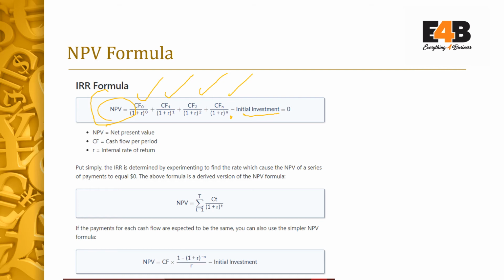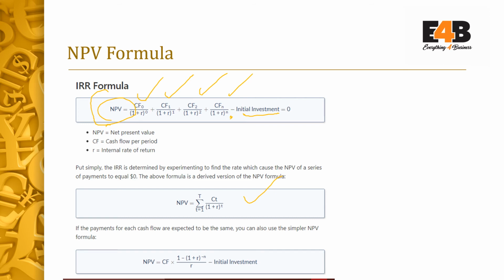So put simply, internal rate of return is determined by experimenting to find the rate which causes the NPV of a series of payments equal to 0, because this is the break-even point. The above formula is a derived version of the NPV formula.